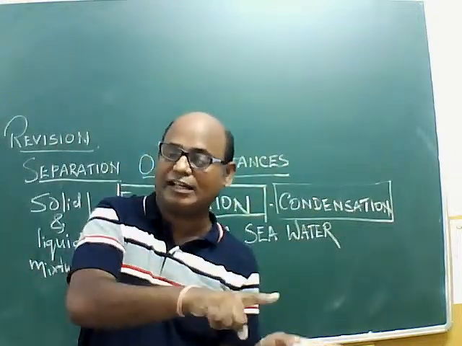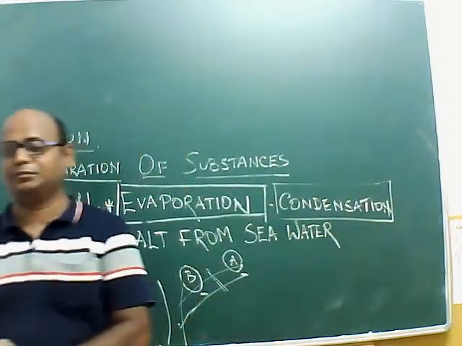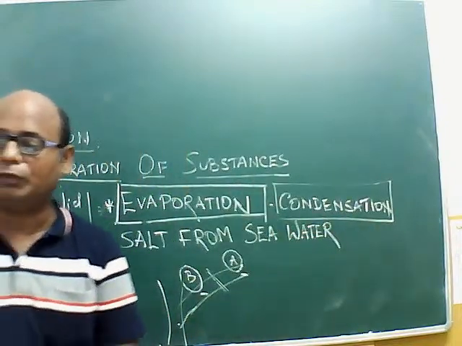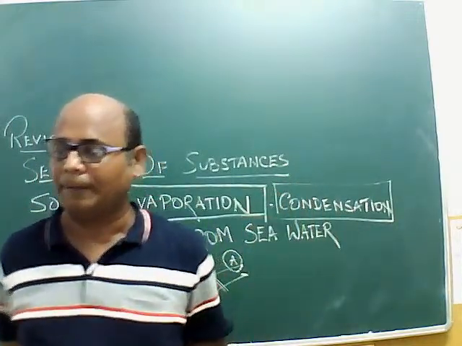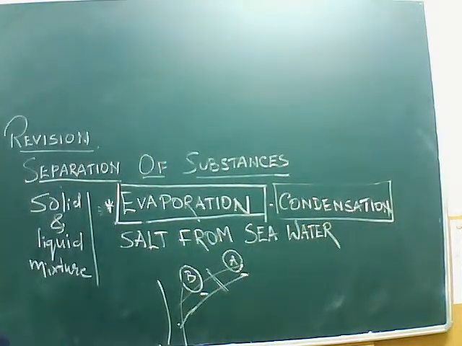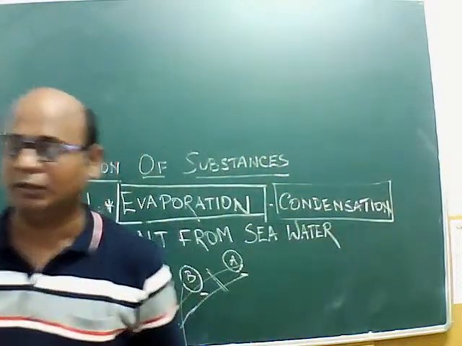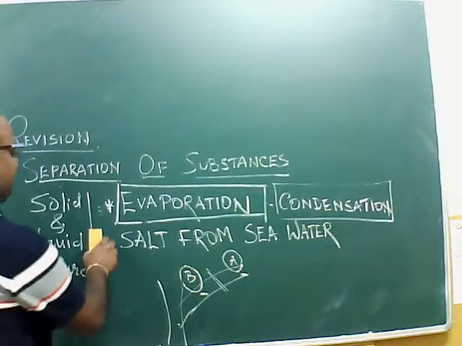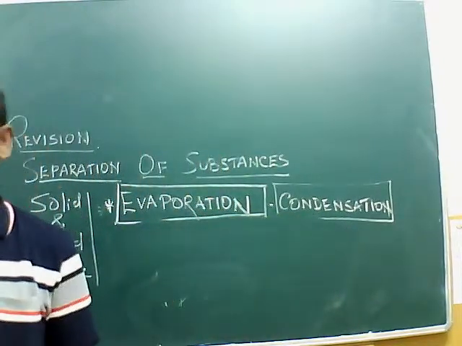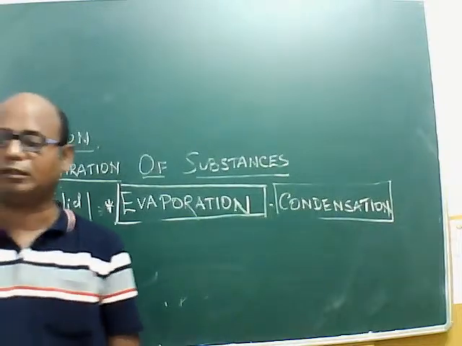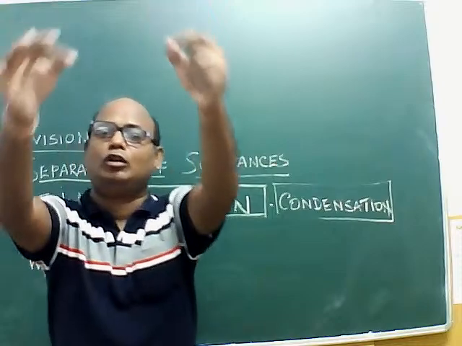So what processes are there? First, evaporation, then condensation. Okay, so condensation is clear to all of you. Now evaporation and condensation together are distillation. So we call rainwater distilled water. It is a pure form of water, but it gets contaminated when it is falling down on the earth.